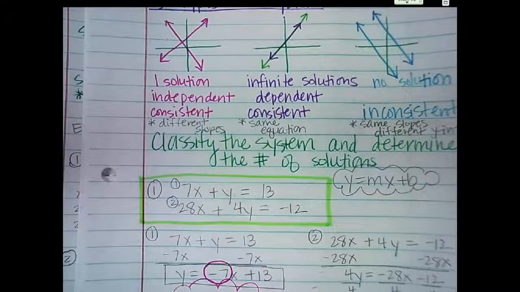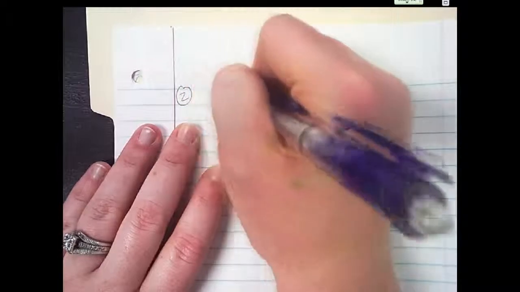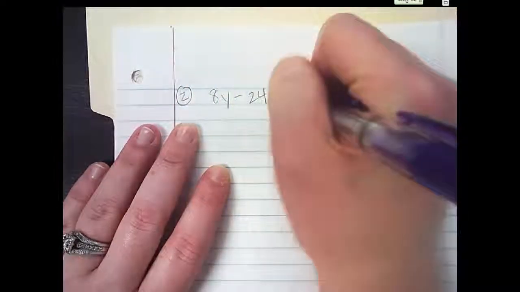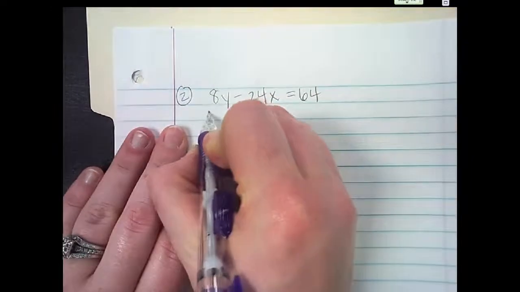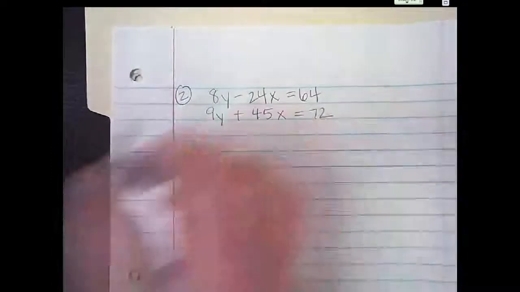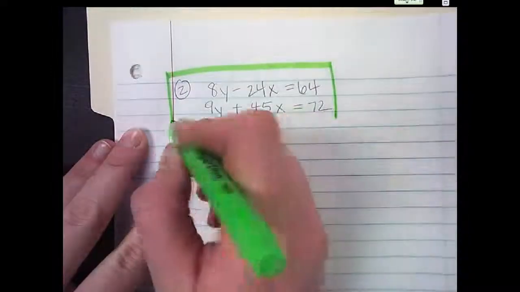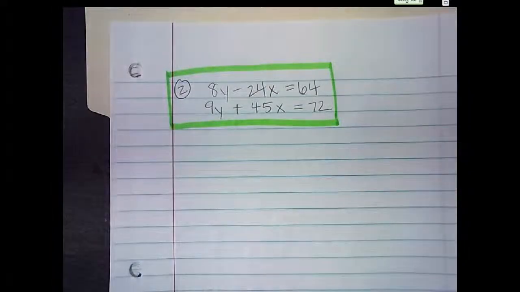Okay, let's do one more like that, and then we'll do a couple of graphs. So number 2. I want you to go ahead and work on getting y by itself on this one, and then see if you can classify it. Inconsistent, and then we said no solution.